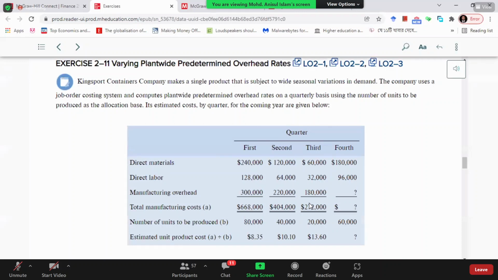We'll try to explore how the predetermined overhead rate is varying. Is it varying because of having more departments, or is it varying for another reason?